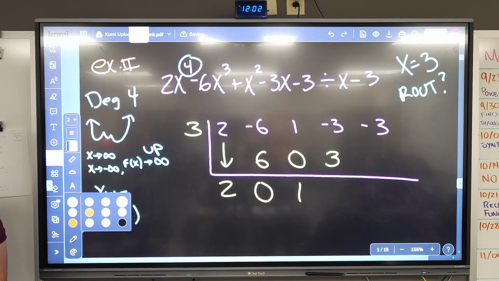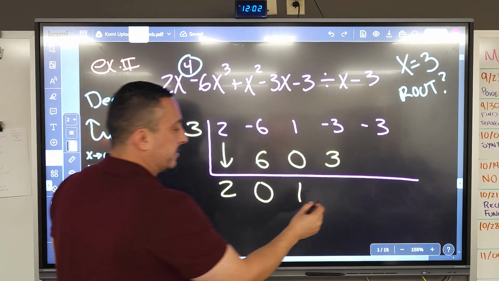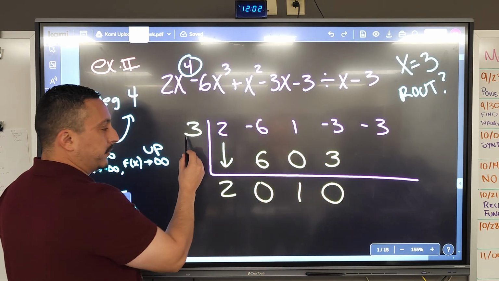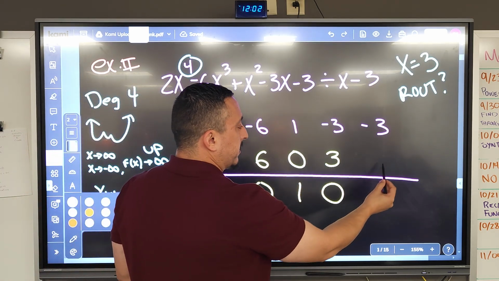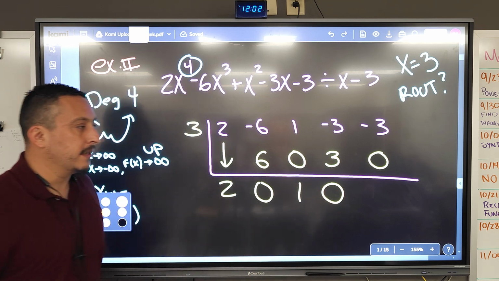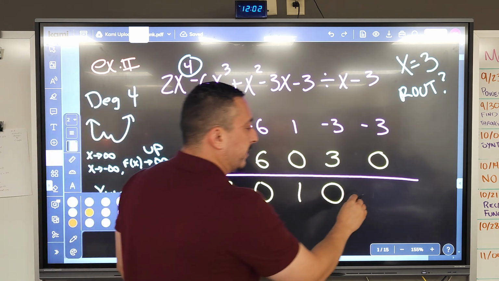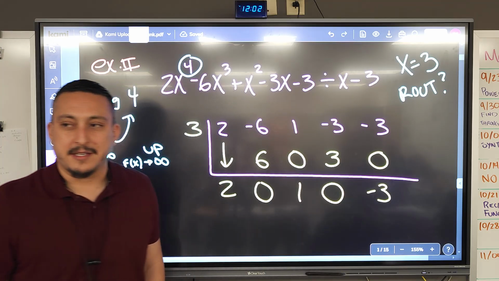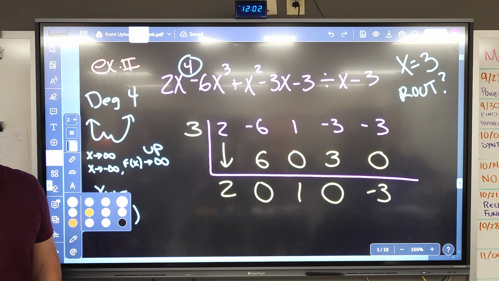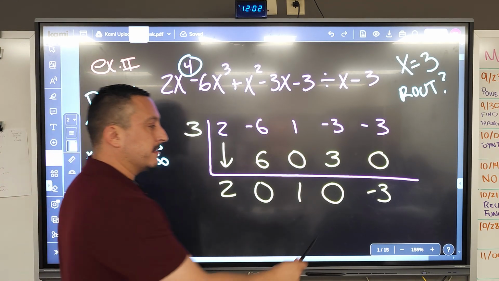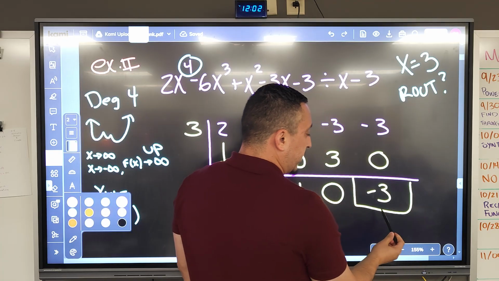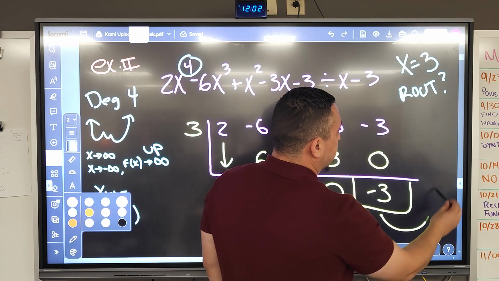Add -3 and 3, 0. 3 times 0, 0. Add -3 and 0, -3. When you get this down, because you're just multiplying and adding, it's really fast. That doesn't look like a 0, so no.